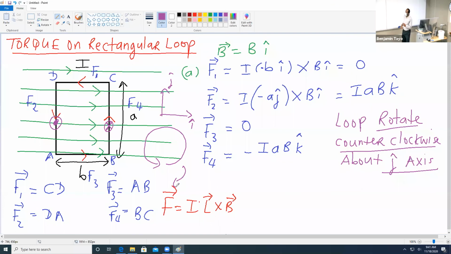So when I calculate the force, F2 will be pointing into the screen, and F4 will be pointing out of the screen. And so this will generate a torque that is going to rotate the loop in the clockwise direction, but still about the J axis. So you can get clockwise or counterclockwise rotation. It just depends on the direction of the current.